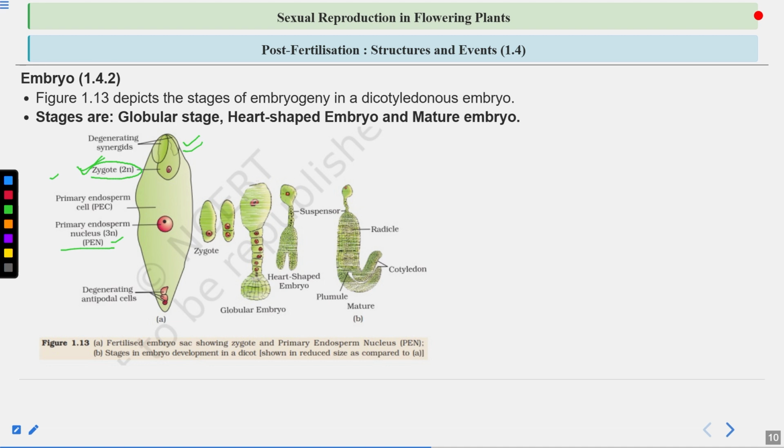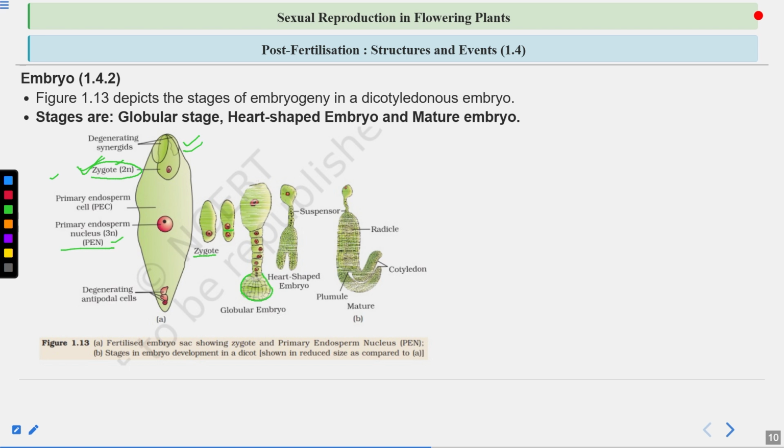Now see this zygote part, which is 2n. It divided into two cells. Here you can see one cell is quite large and one is very small. Now this small cell divides and redivides, and it forms such a shape.